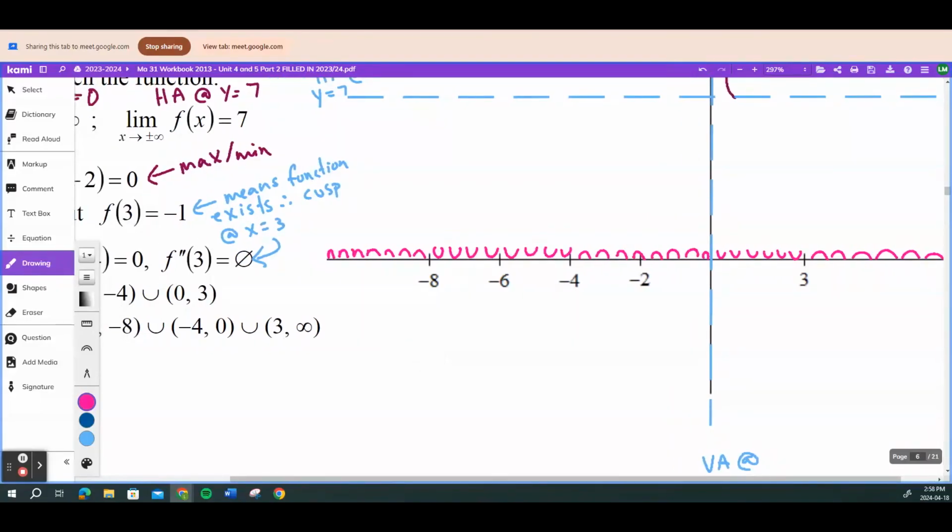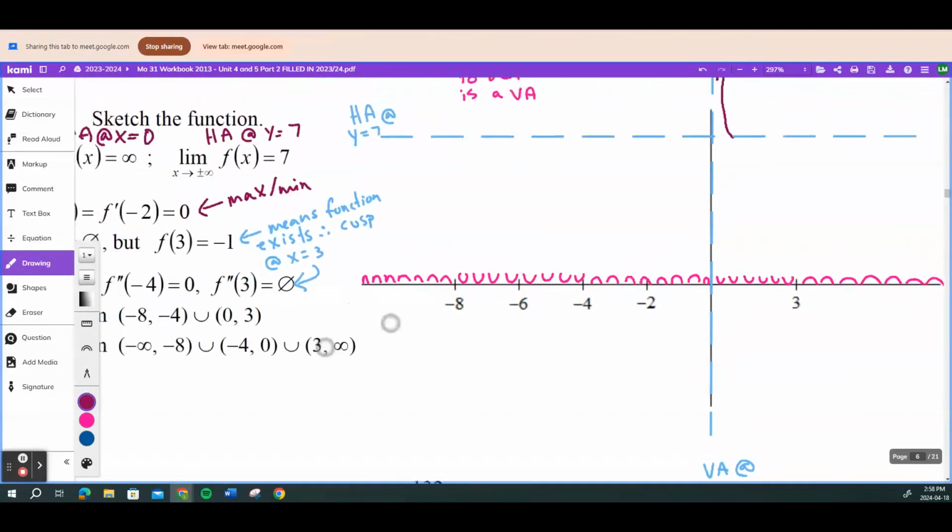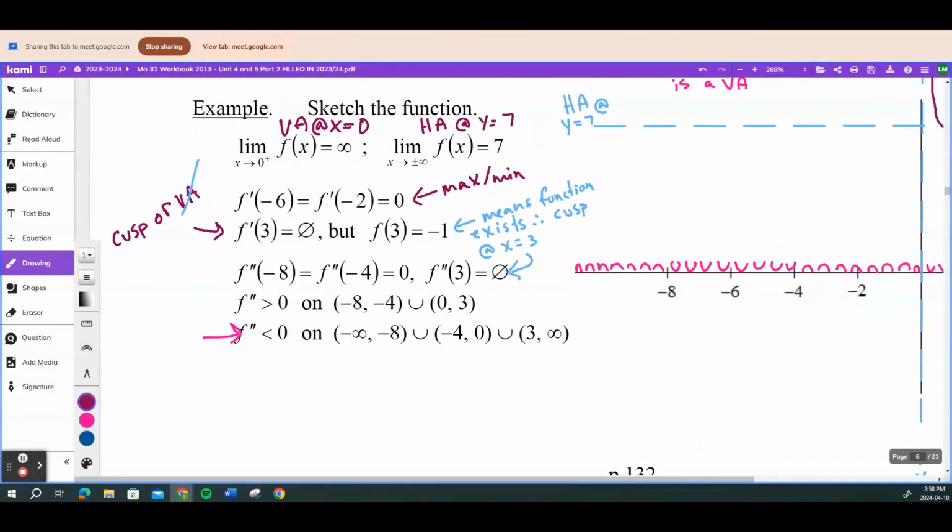So I'm just going to mark out some points here. And yeah, sure, I'll do them with purple. Okay, so we're told, let's see here. So I'm just kind of going on at -6 here.